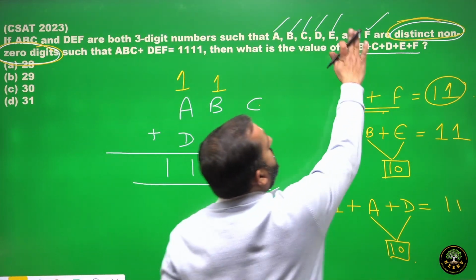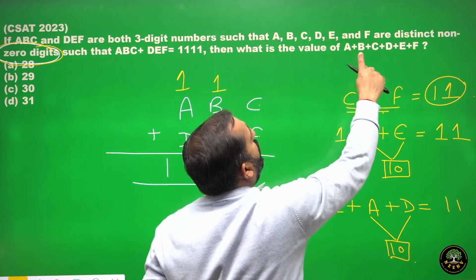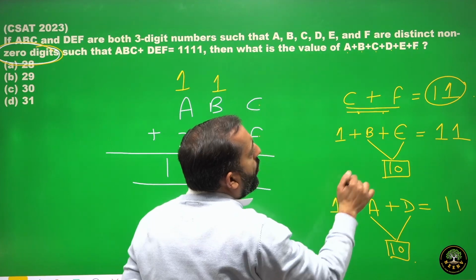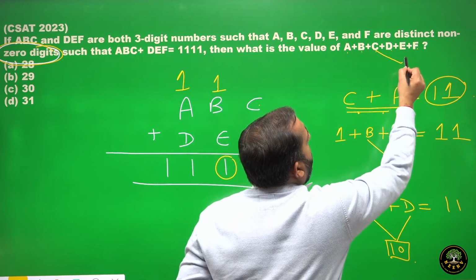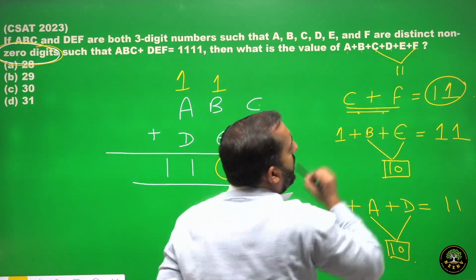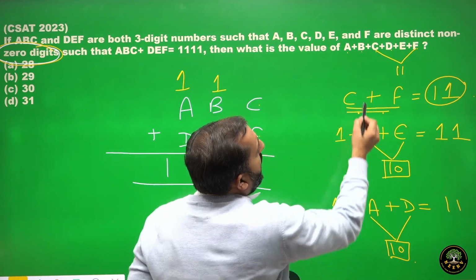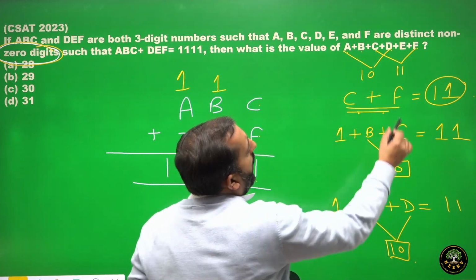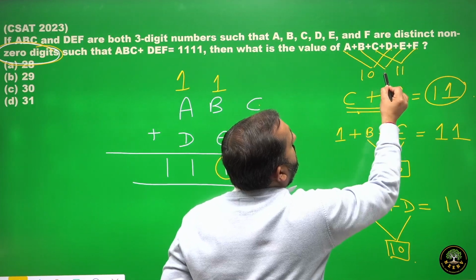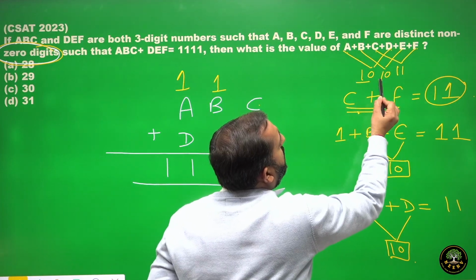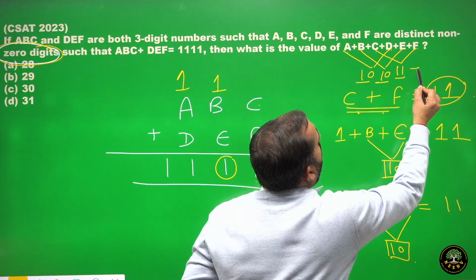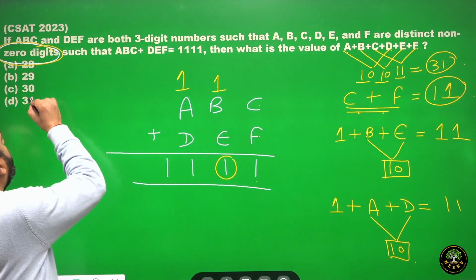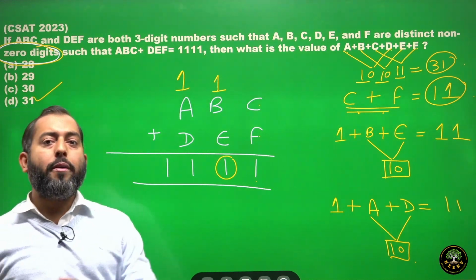We are looking for this sum, A plus B plus C plus D plus E plus F. Now, C plus F is 11, A plus D is 10 and B plus E is 10. So 10 plus 10 plus 11 gives me 31. Hence the answer to this question is option D. I hope guys this is clear.